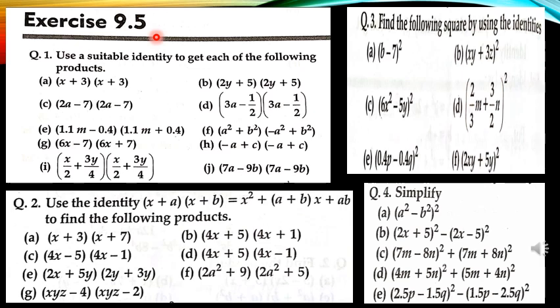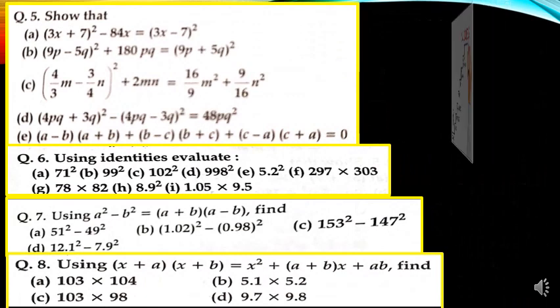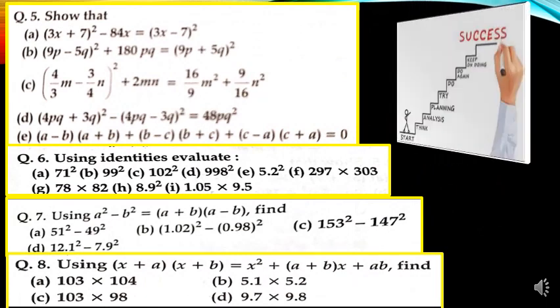So observe the examples once again and start solving all these in your classwork. This is also exercise 9.5 only. You have totally 8 mains in this, where you are going to apply the 4 identities, whichever is suitable properly. Read the question properly and then apply the correct identity and simplify.